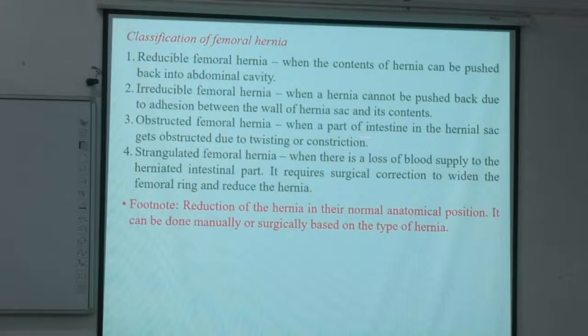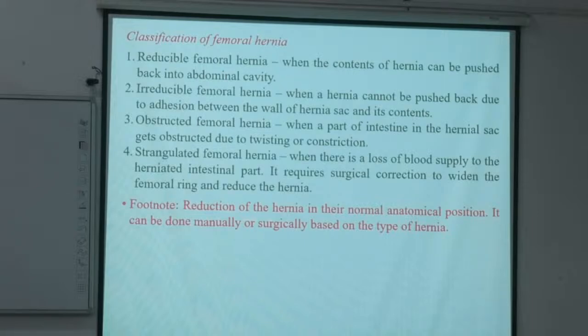Obstructed femoral hernia is when a part of intestine in the hernial sac gets obstructed due to twisting or constriction. Strangulated femoral hernia is when there is a loss of blood supply to the herniated intestinal part, and it requires surgical correction to widen the femoral ring and reduce the hernia. So these are the four types of femoral hernia.